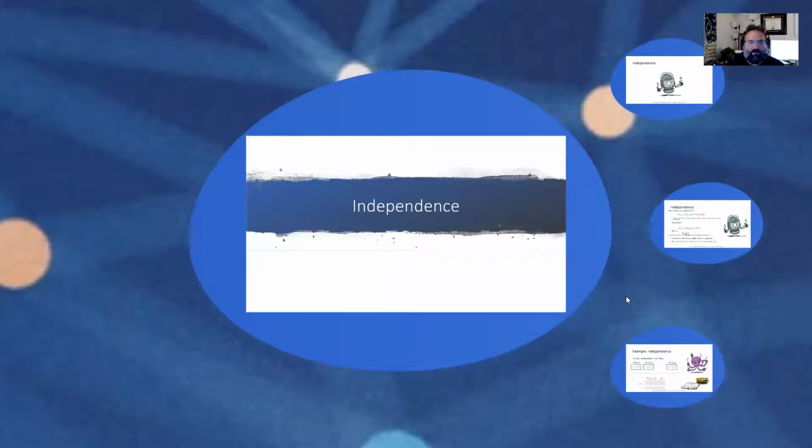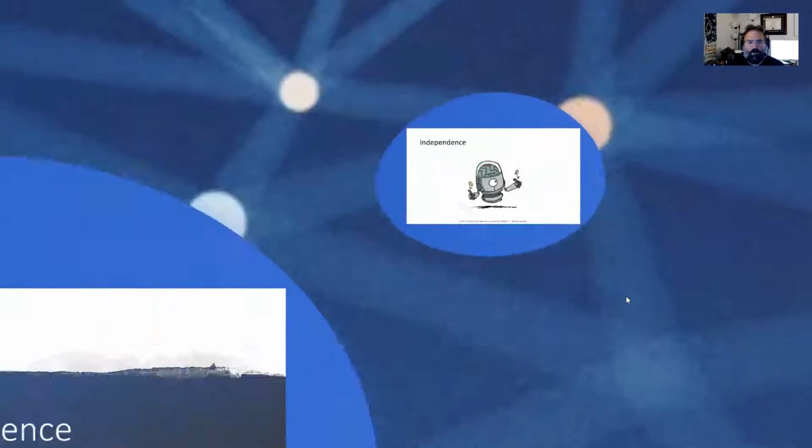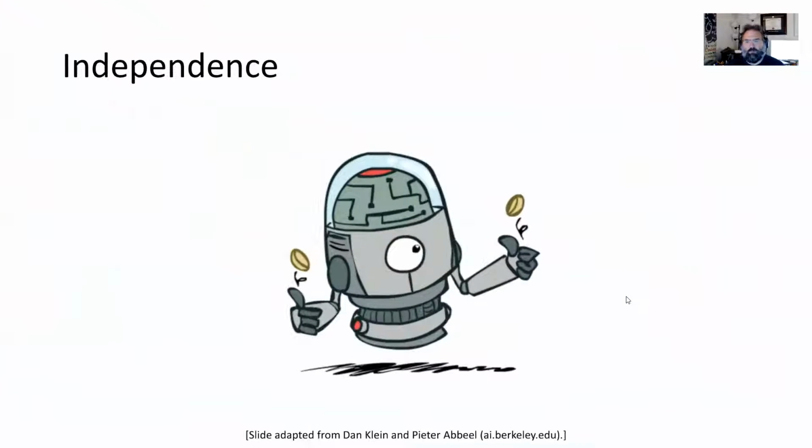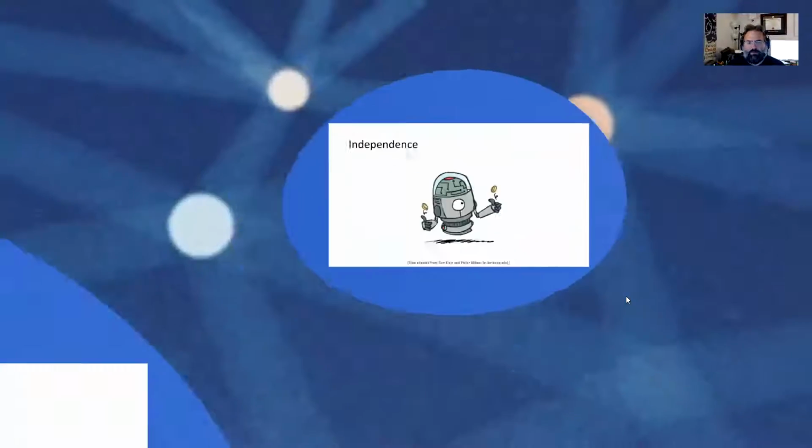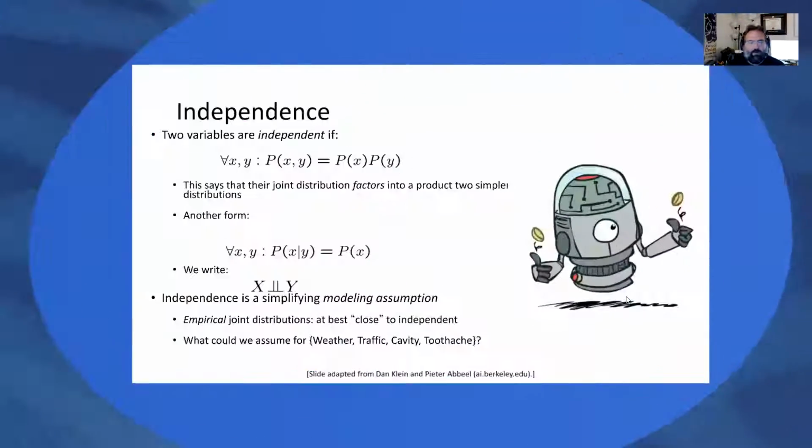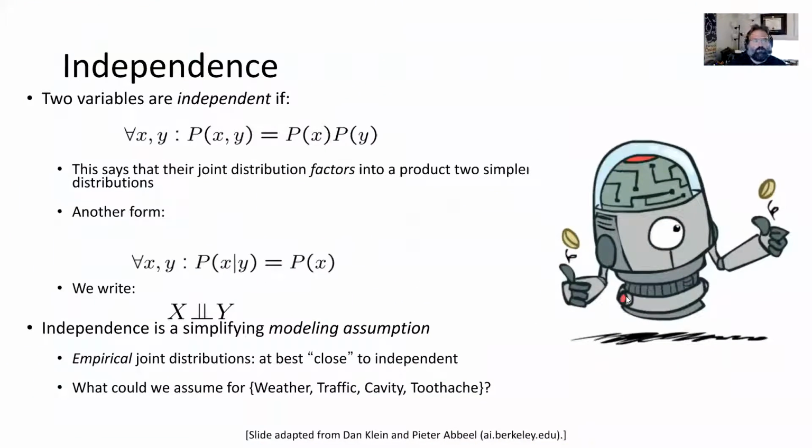Moving into the concept of independence. What does independence mean? Basically, one event does not rely on or is not influenced by a previous event. So two variables are independent if for all X and Y, the probability of X and Y is equal to the product of the probability of X times the probability of Y. So basically they're factors of the two things, is the basic idea.